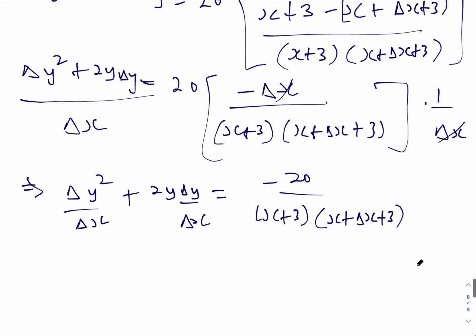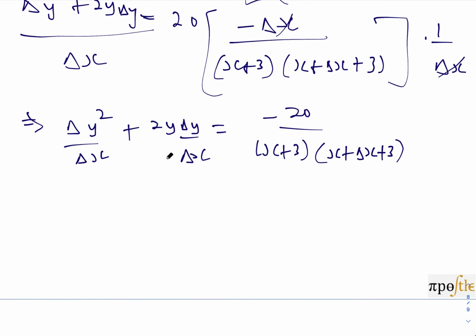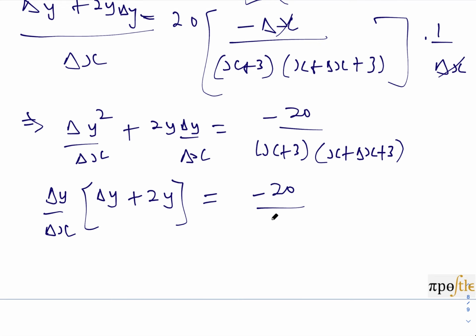Since I'm looking for change in y over change in x, I factorize delta y over delta x. What is left is delta y plus 2y on one side, and negative 20 divided by (x plus 3) multiplied by (x plus delta x plus 3) on the other.